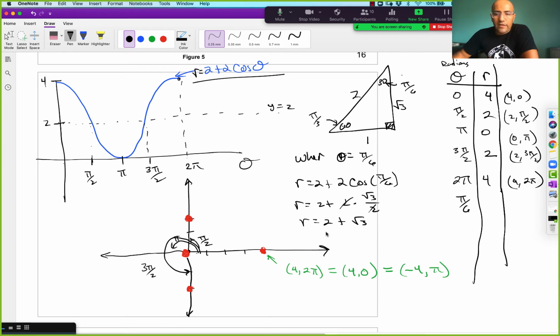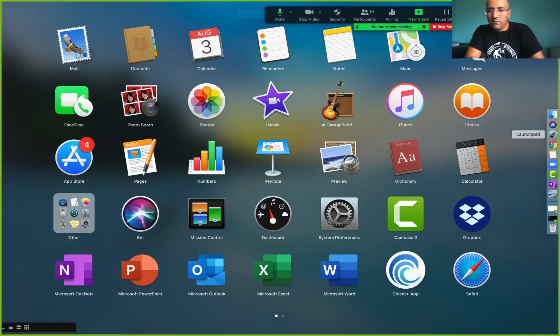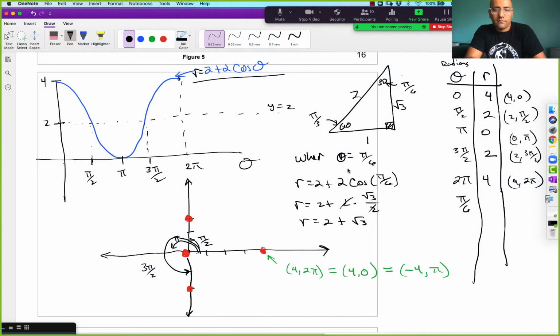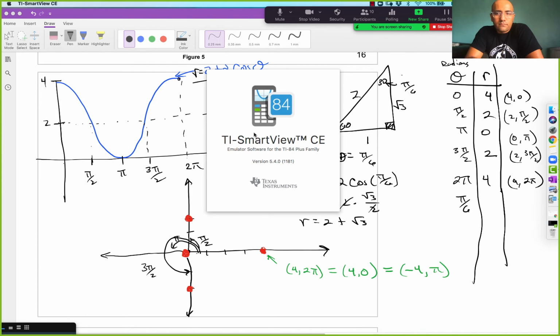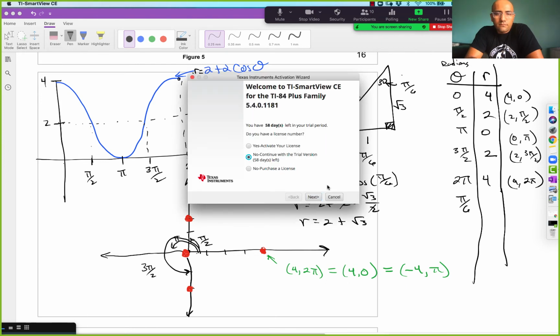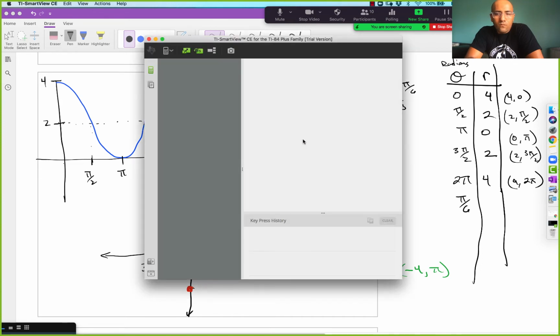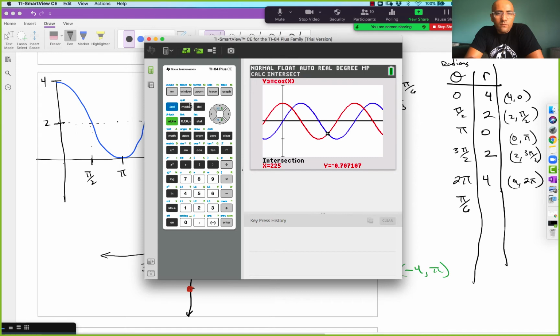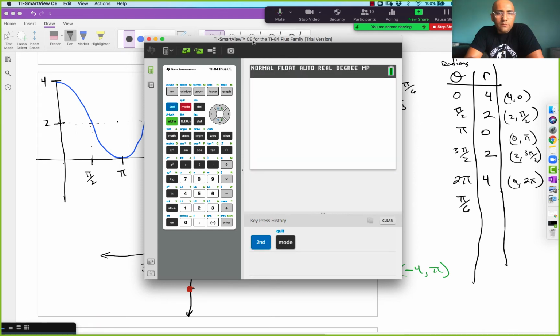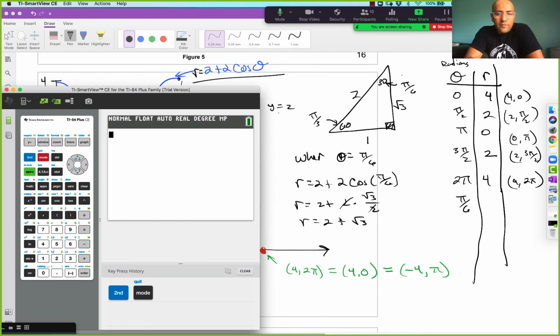Good. So we can get our calculator and approximate that. Root 3 is like 1.73, I think. Okay, so I'm just confirming what this is right here.